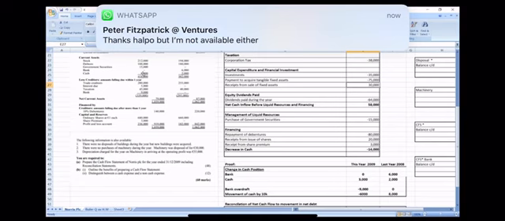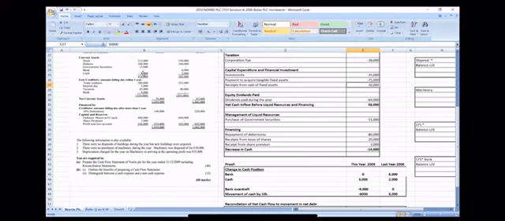On my 2009 figures in the balance sheet, the bank is nothing, the cash is 3 grand, and the bank overdraft is 9 grand, so I put it as minus 9,000. Tot those up: 3 plus 3,000 and minus 9 grand is minus 6,000.